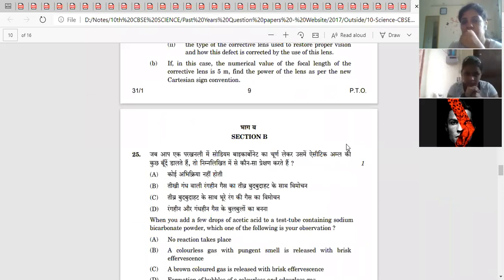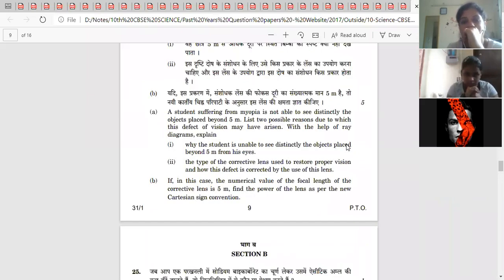Ma'am, in the 9th August paper, 4th question, I don't know the answer, ma'am. Just now I told, no? Ma'am, actually I joined late. Okay, it is an olfactory indicator and the nature of the X is basic. Liquid X changes its odor. Odor will change only in basic solutions.